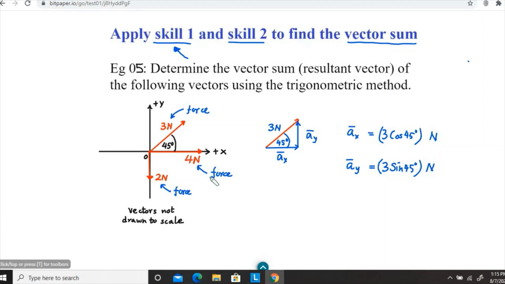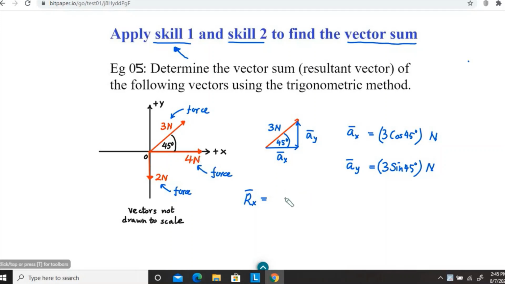Now at this point, I am ready to sum up all the vector components that are along the x direction and all the vector components that are along the y direction. Let's define our Rx vector as the sum of all the vectors along the x direction. What are the vectors along the x direction?